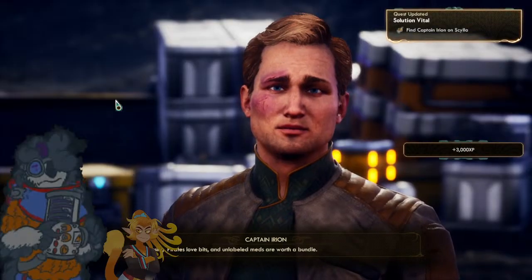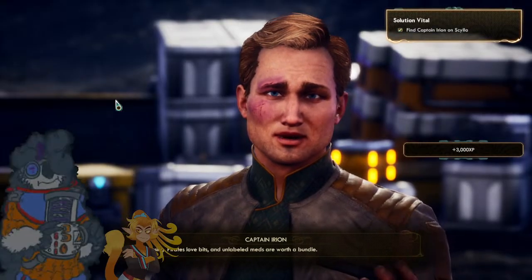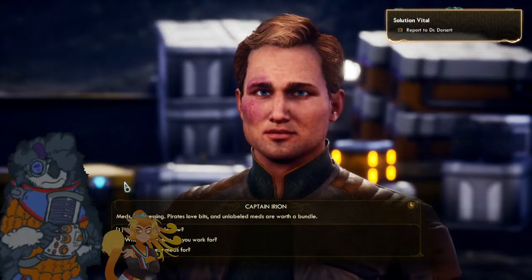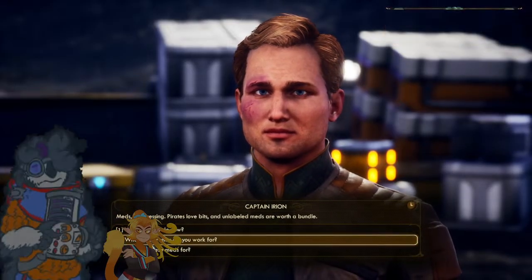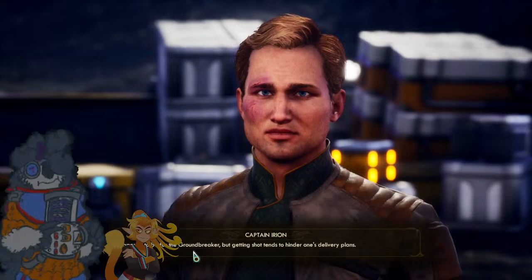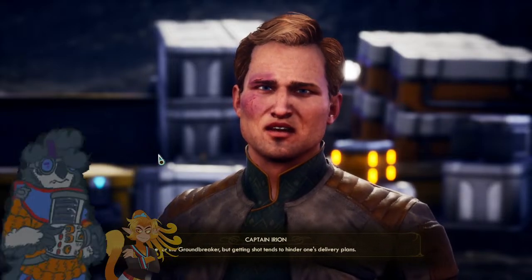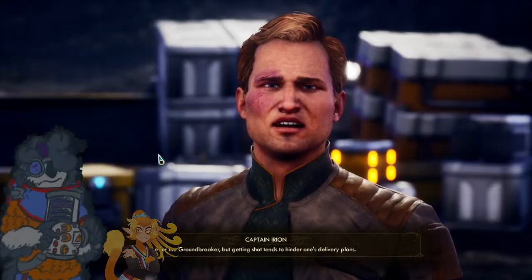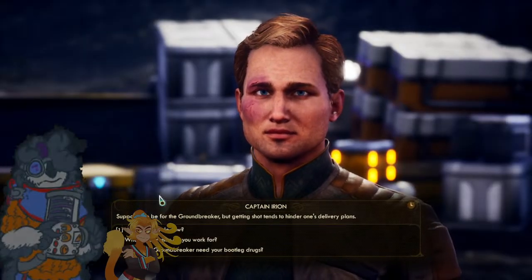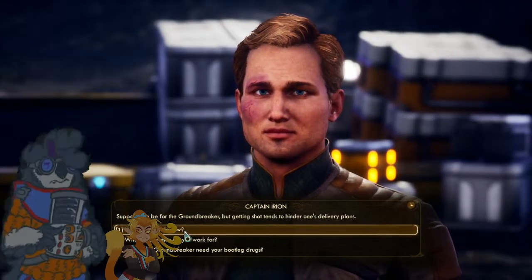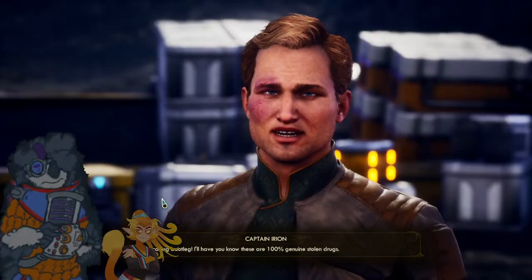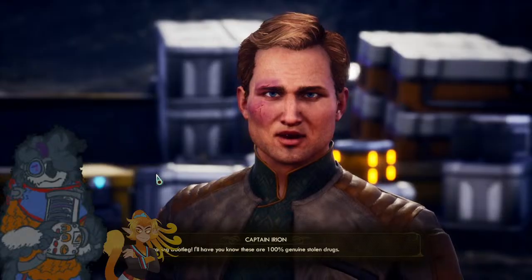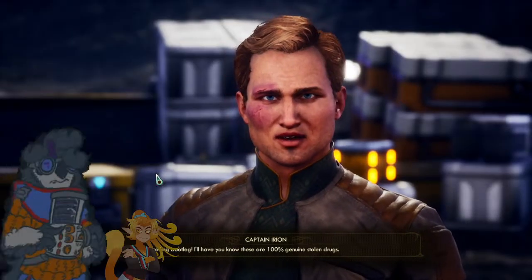Meds, I'm guessing. Pirates love bits, and unlabeled meds are worth a bundle. Supposed to be for the Groundbreaker, but getting shot tends to hinder one's delivery plans. Hey, who are you calling bootleg? I'll have you know, these are 100% genuine stolen drugs.